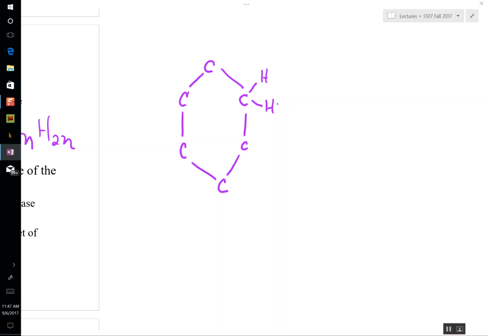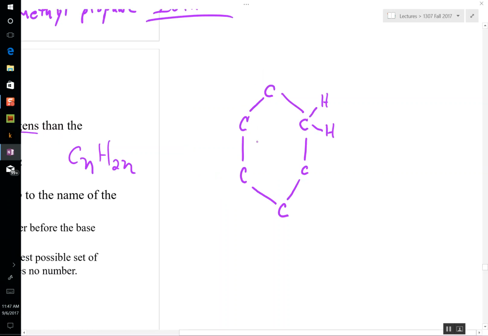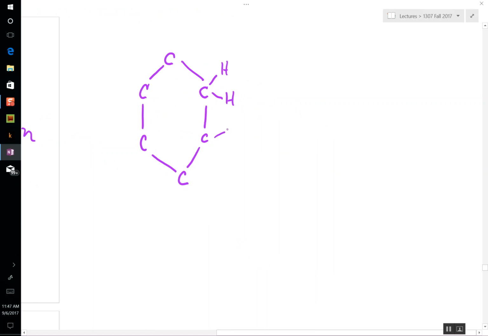There's nothing inside the ring. These models are mimicking what the molecule actually does. We've got these tetrahedral angles, and because the carbons are directed towards one another, the hydrogens are left outside the ring. So there's 2 hydrogens on each carbon.